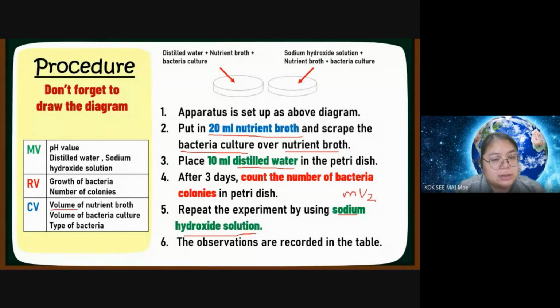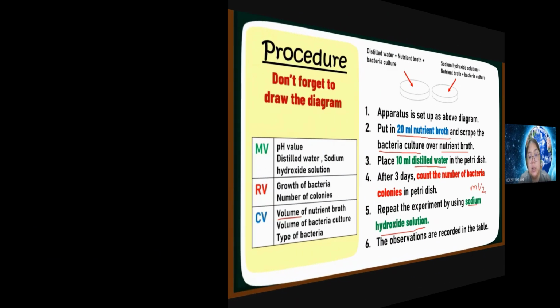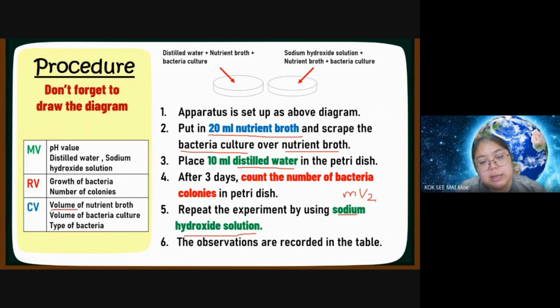You want to measure, observe, or calculate, depends. Number 5 is surely repeat with MV2. Then number 6, conclusion: the observations are recorded in table. So at least you have 6 steps of the procedure.